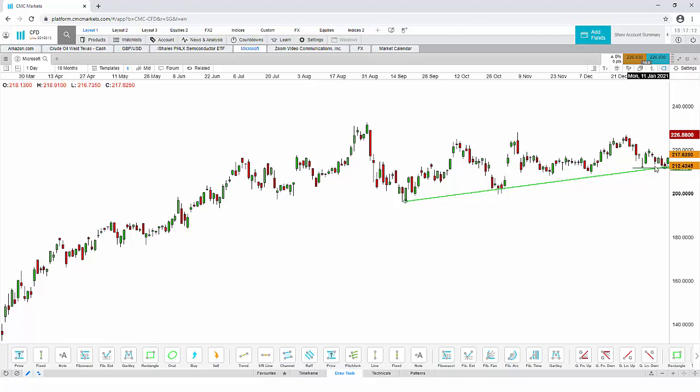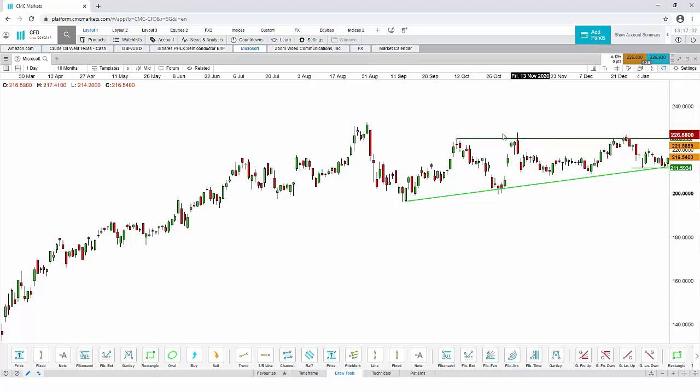Now the next key thing we ask ourselves is, how high can this price go at this moment in time? This is where I have to establish a resistance level. If you look at the high of this, the high of this, and the high of this, it's a similar high, right? So I could connect the highs.